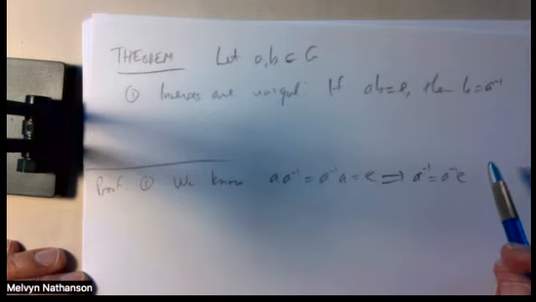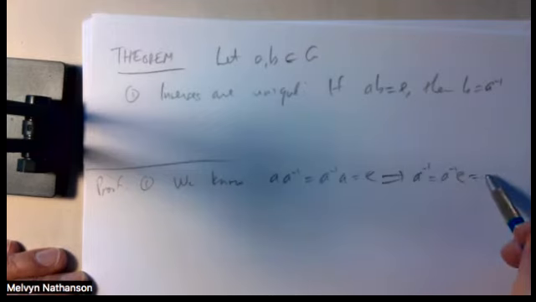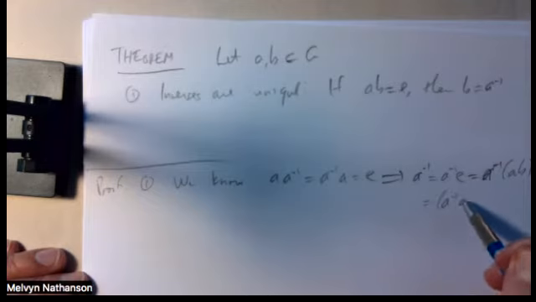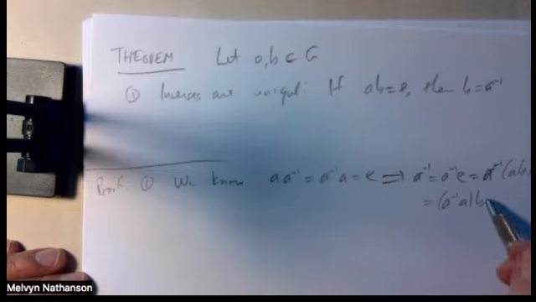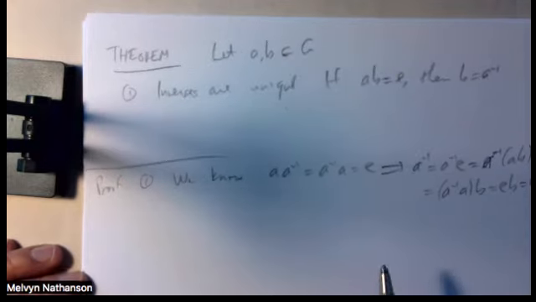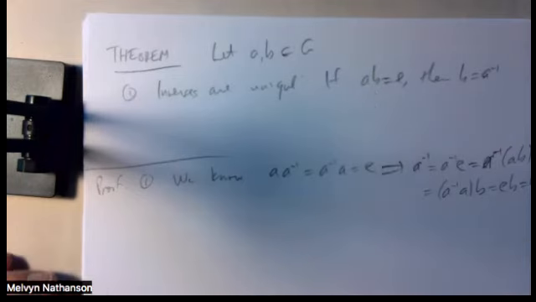But E is AB. This is A inverse times AB. And by associativity, this is A inverse A times B. And A inverse A is the identity times B, which is B. So A inverse equals B.